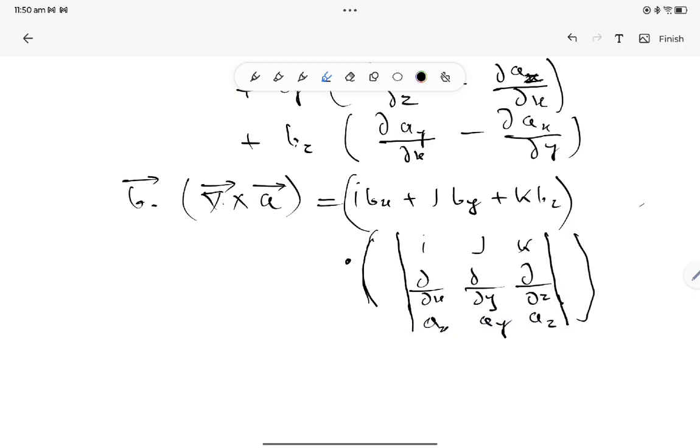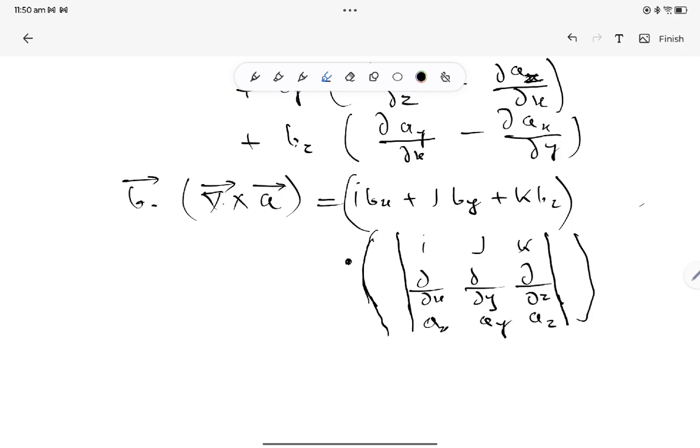Now it will have expressions like, for example, this is a vector, so is this, but you are taking the dot product between two vectors, so this Bx component will be multiplied with the x component here.